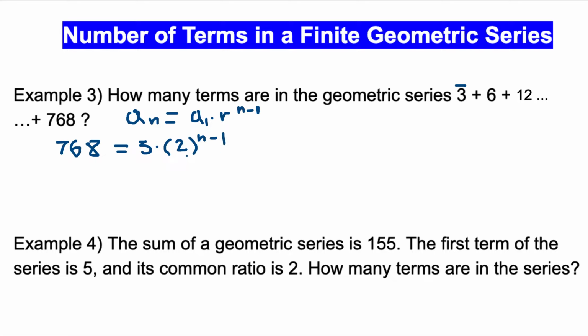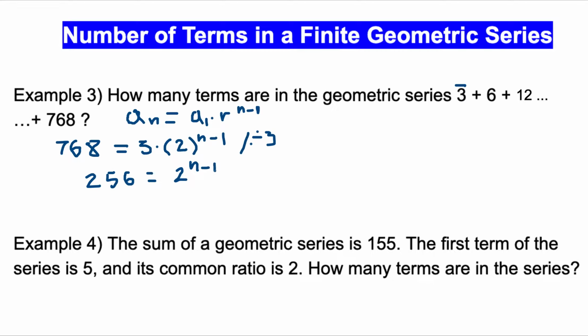Now we divide everything in this equation by 3. 768 divided by 3 is 256. You can verify this result with a calculator. So 256 equals 2 in exponent n minus 1.